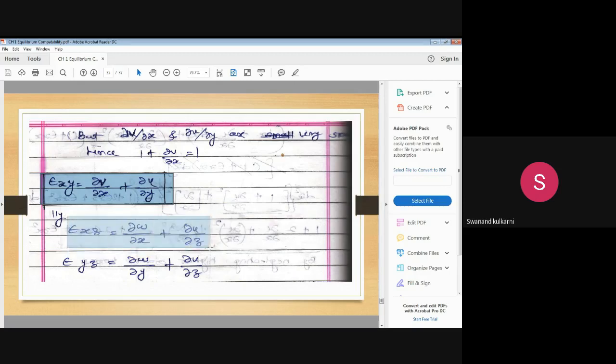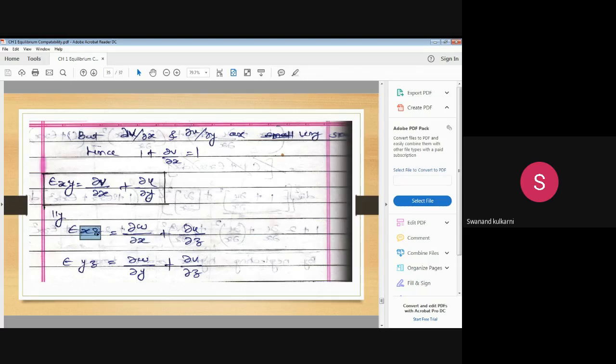Likewise, here if we take the reference of epsilon xz, then for epsilon xz, along the z direction we are considering the variable as w, and along the x direction we are taking the variable as u. Is it okay? So dou w by dou x. So you can understand the thing, because we are considering strain along xz.